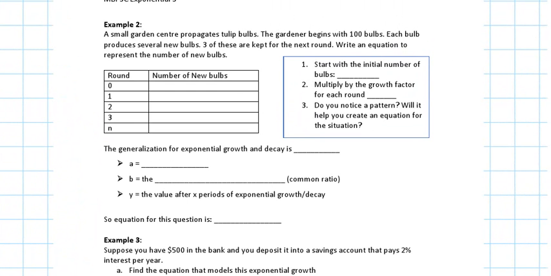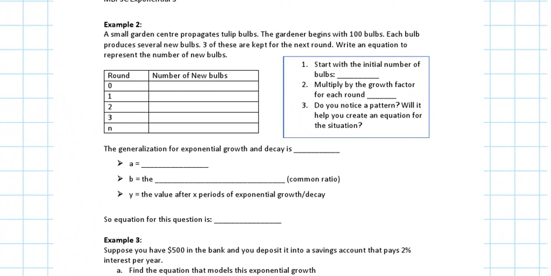So 100 would be my base, because they start with 100. Would it be my base or my initial value? My initial value. I'm starting with 100. What's happening with 100? Each bulb produces several new bulbs, but 3 of them are kept for the next round. So 3 from each bulb is kept.